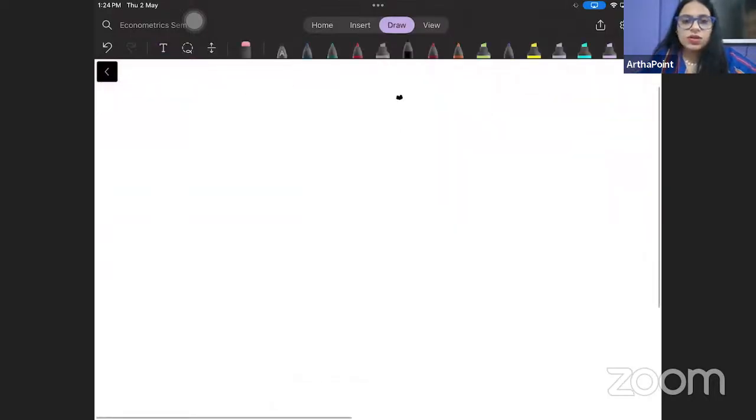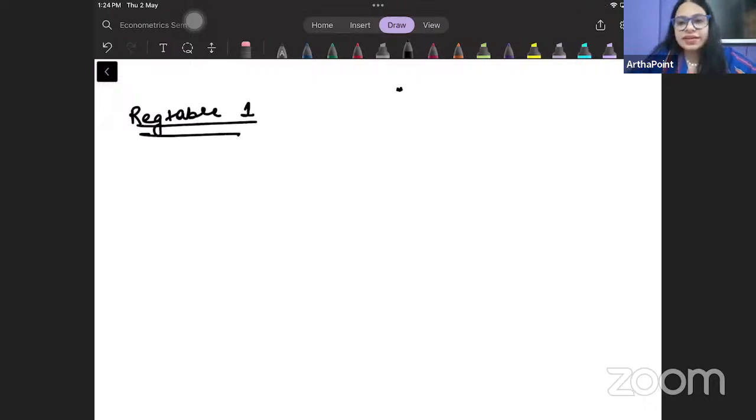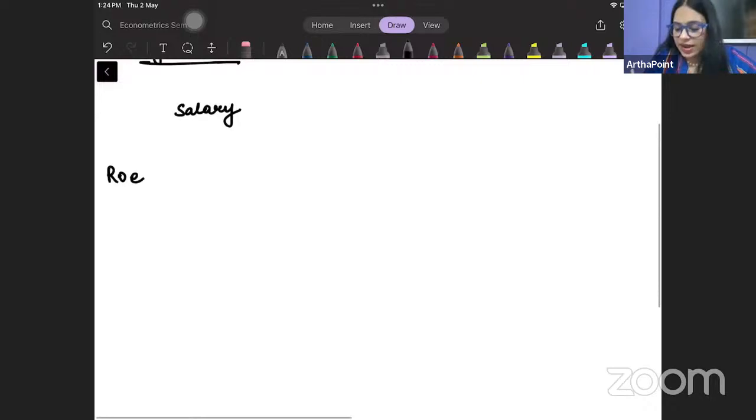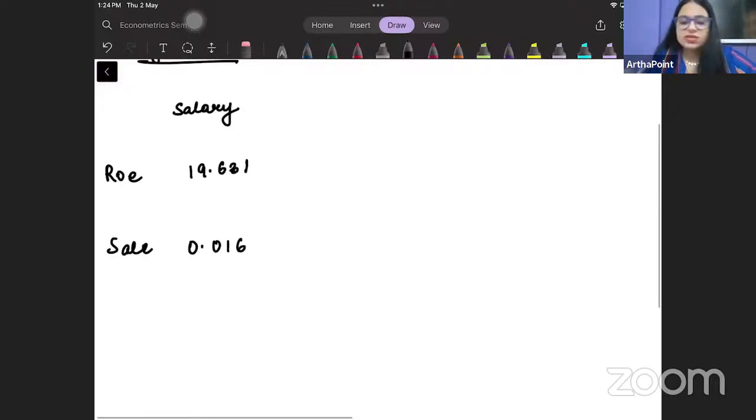Okay, so beta, now from reg table 1, this is my reg table 1 information. I am collecting it from the Word file that we made. We have got salary, I have got my ROE and I have got my sales. The coefficient of ROE is 19.631 and of sales 0.016.